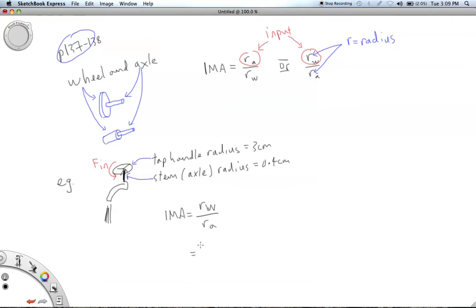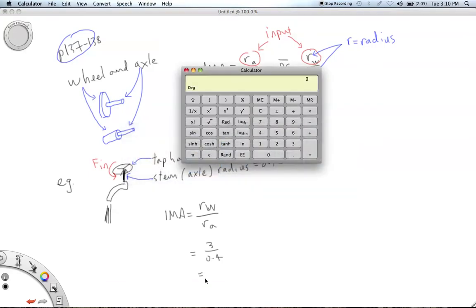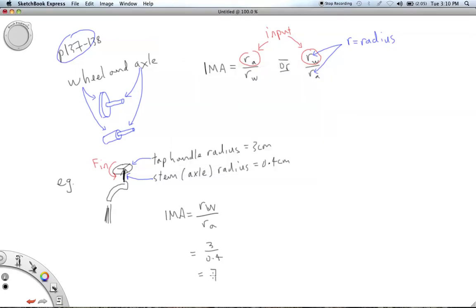So what I have to divide is 3 divided by 0.4, and I can take out my trusty calculator. 3 divided by 0.4 gives me 7.5. And of course, the IMA has no unit, so that is my IMA.